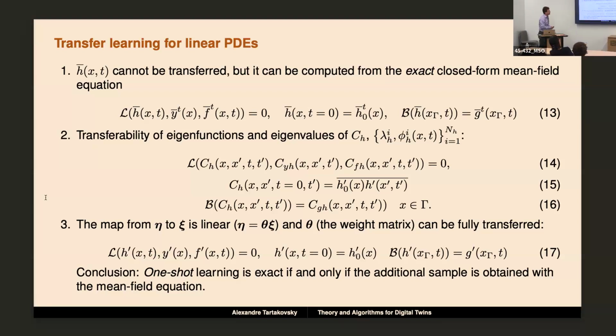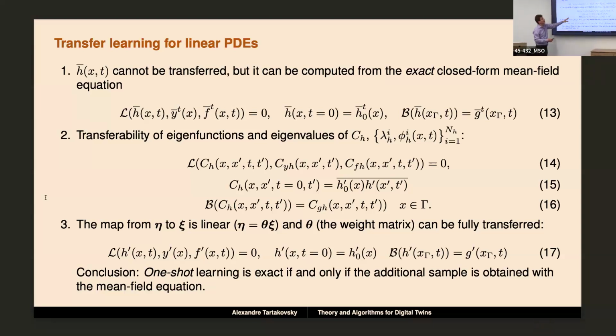Okay? So we are going to call this the mean field equation. So again, h mean cannot be transferred, but we need one sample to compute h mean for target conditions.